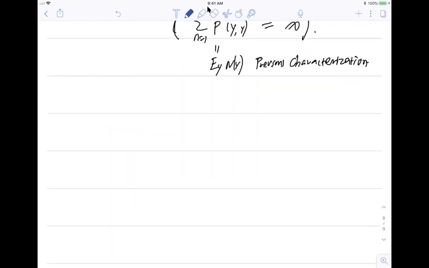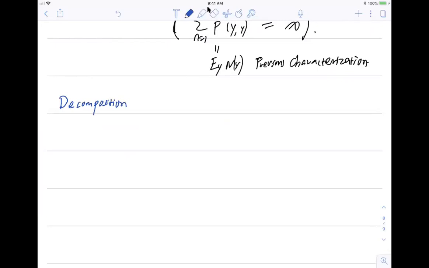Okay. So how to do decomposition? How to distinguish all the recurrent states and transient states? So we need to show the decomposition theory. Given a Markov chain, we want to do the decomposition.